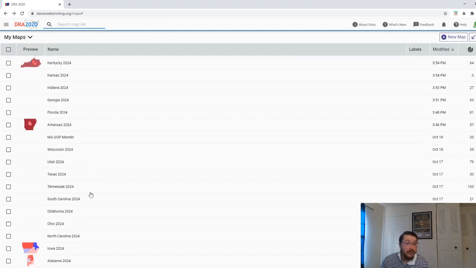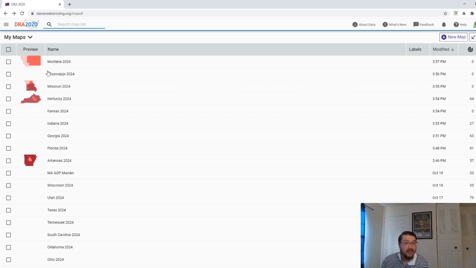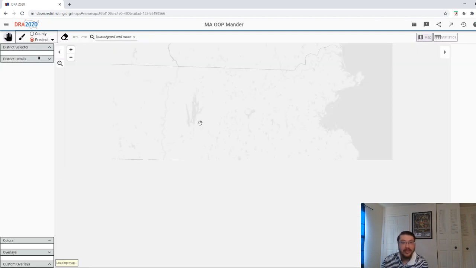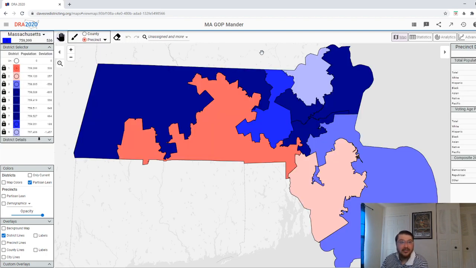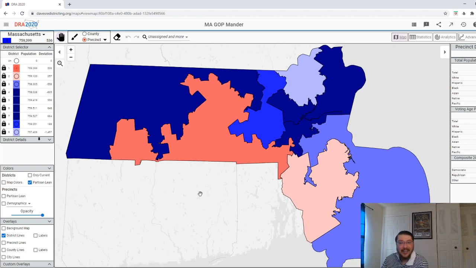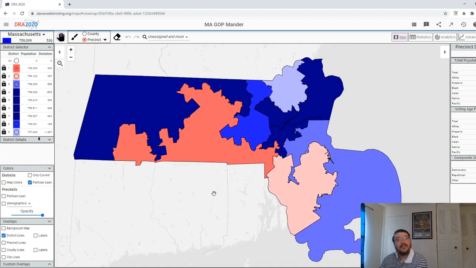Now, just to show you that it is possible, one that I found that was really fun is I wanted to see if I could create a Republican district in Massachusetts, and what wound up happening is I managed to find a way to get two.